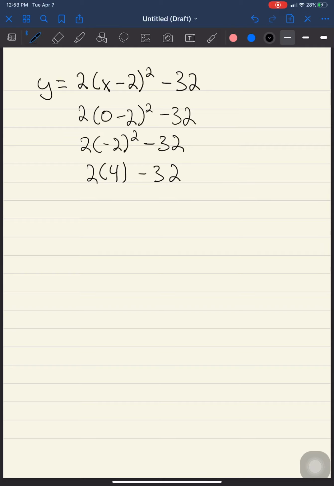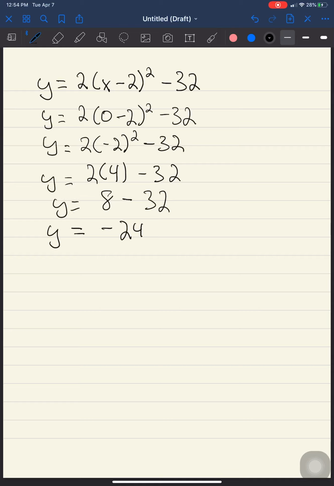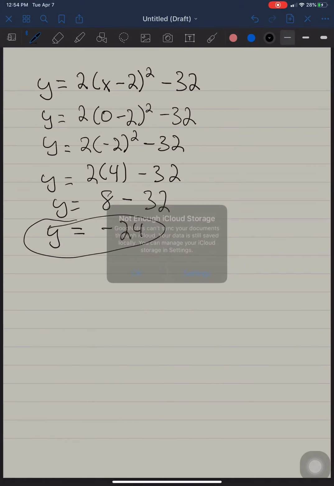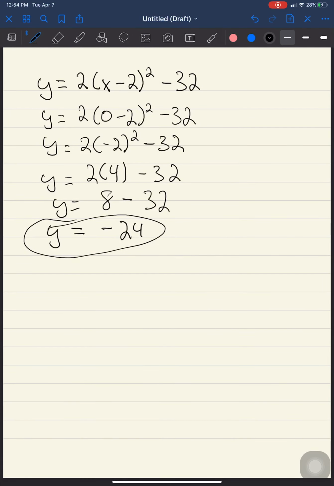And 2 times 4 is 8. Then 8 minus 32 is going to be negative 24. So really this is y equals negative 24 the whole way down. As a coordinate, we could write that as 0, negative 24.